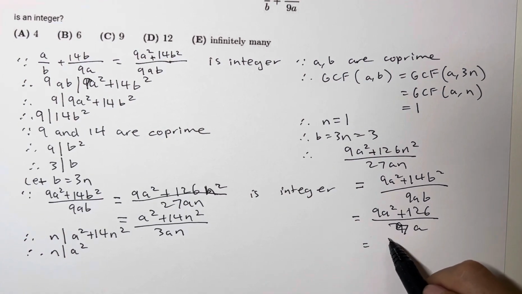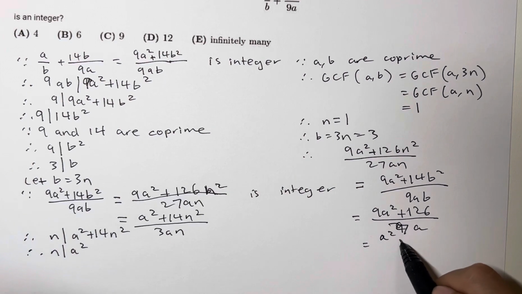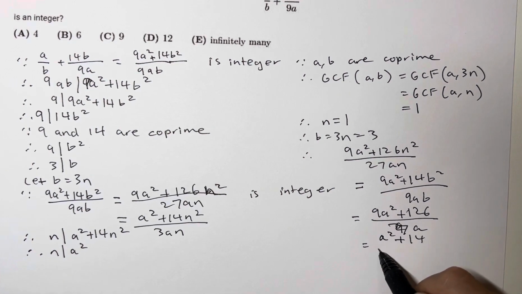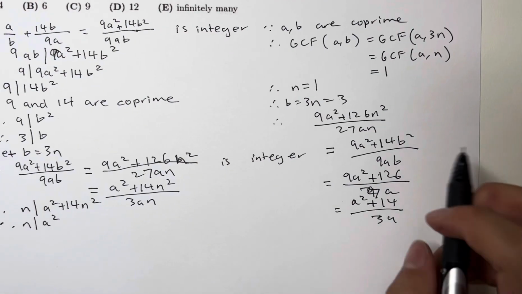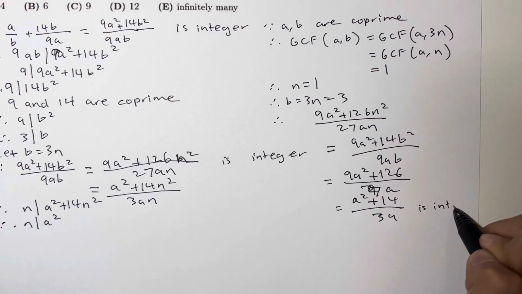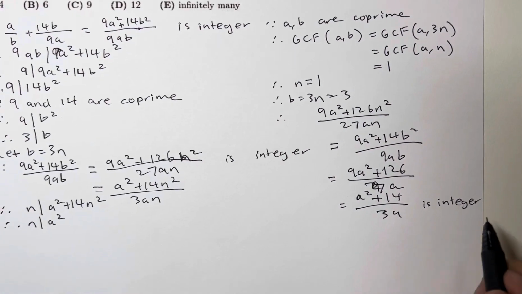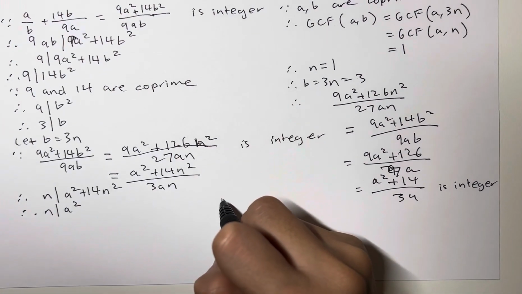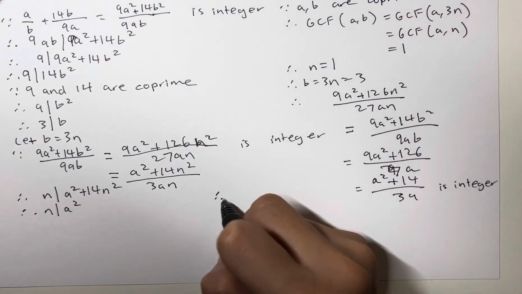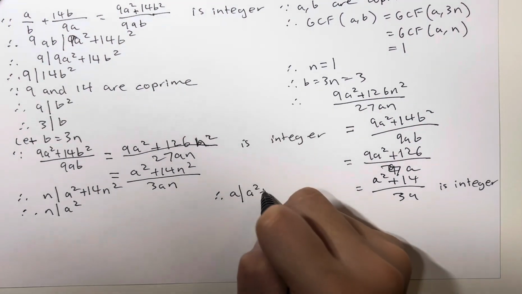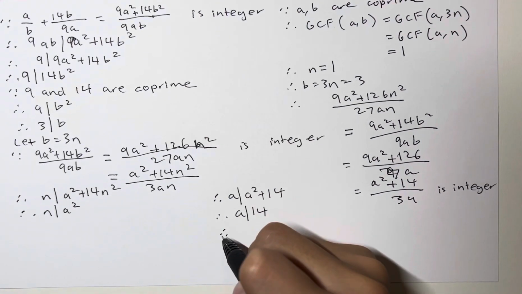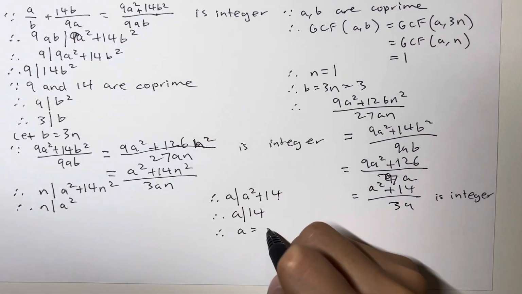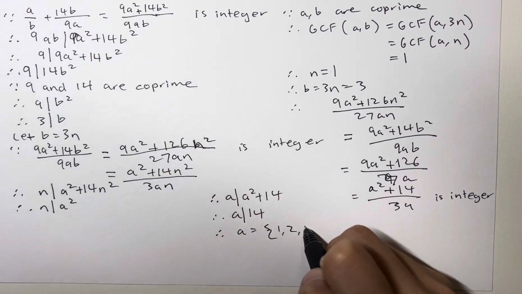Divide both sides of the fraction sign to get a squared plus 14 over 3a is an integer. And the last part: a is a factor of a squared plus 14, so a is a factor of 14. So a equals 1, 2, 7, 14.